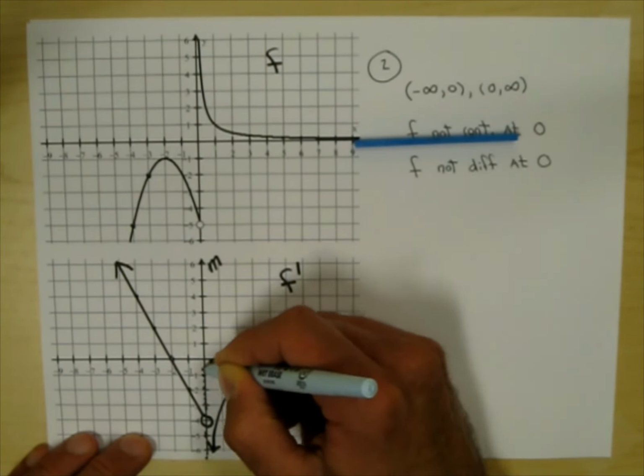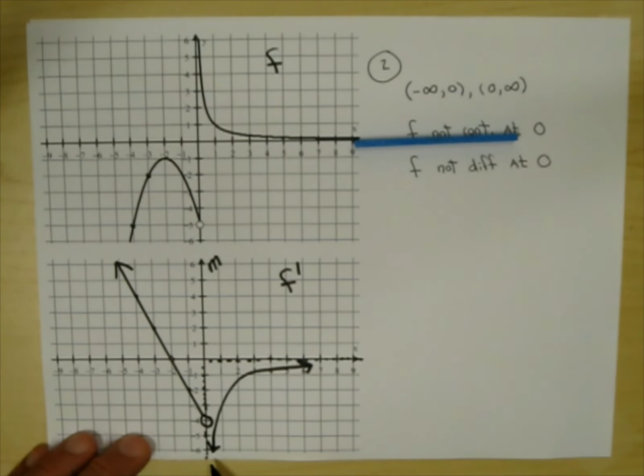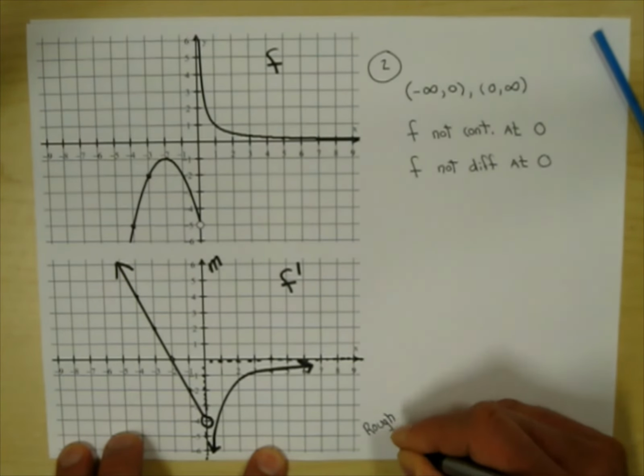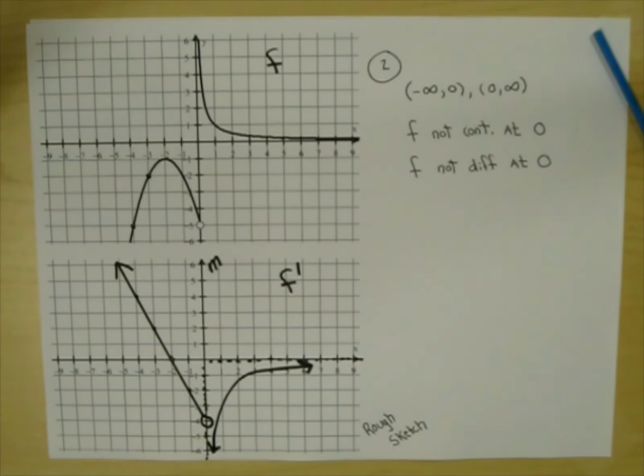I could draw it right there, but it only applies for this part. So that right there is a rough sketch. Let me write this down in case you're looking back at this later. This right here is a rough sketch of the derivative.